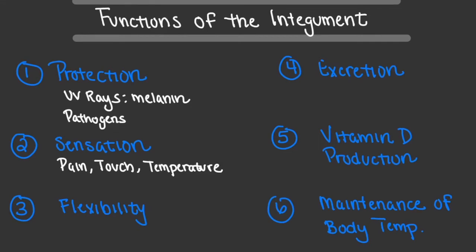Thirdly, the integumentary system provides us with flexibility. In other words, it has the ability, our integument does, to stretch and to grow so that it fits with us. So we'll make note here that it gives us the ability to stretch and to grow as we develop.